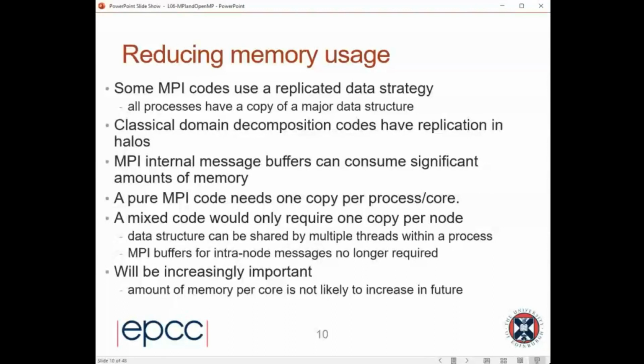So anyway, you need to be careful. But a pure MPI code needs 1 copy of all these data structures per processor core, and a mixed code only requires 1 copy per node. So that could potentially be a big saving.